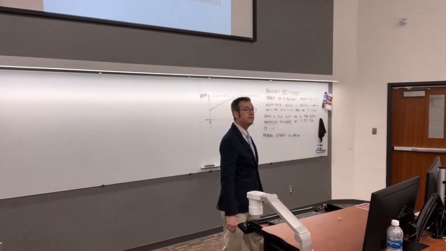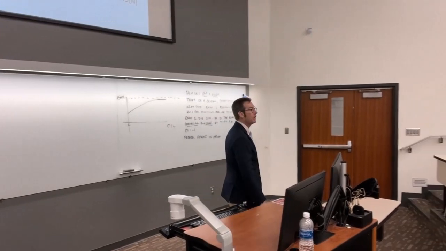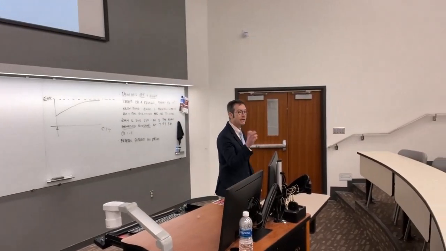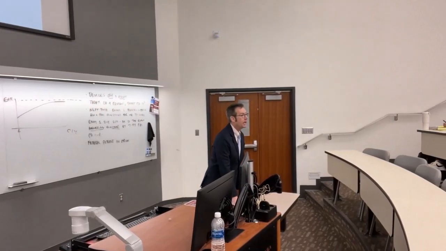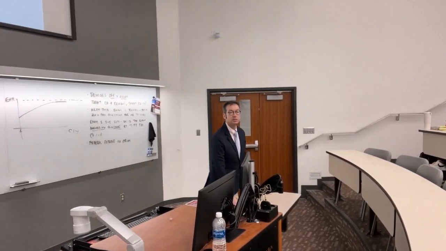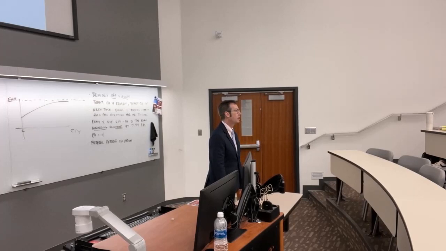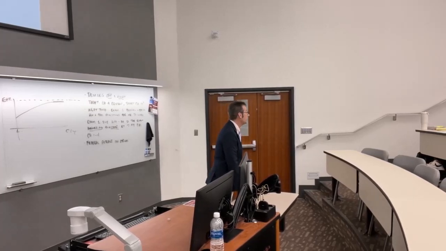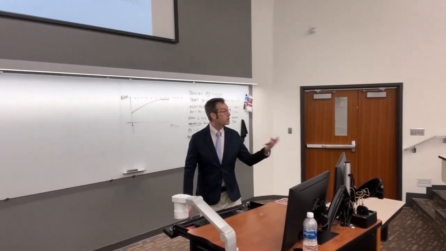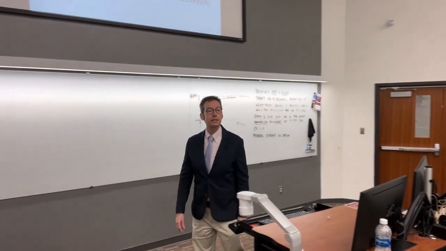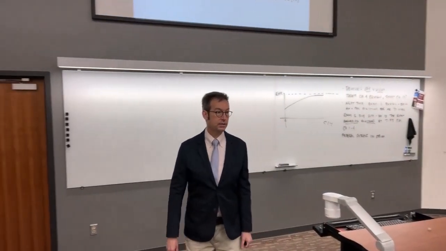And we can easily find the present value by just taking the amount of that cash flow and dividing by the rate. Now, note, the cash flow and the rate must be in the same time scale. So if we're talking about a monthly payment, that rate needs to be on a monthly basis. If we're talking about an annual payment, the rate needs to be on an annual basis.